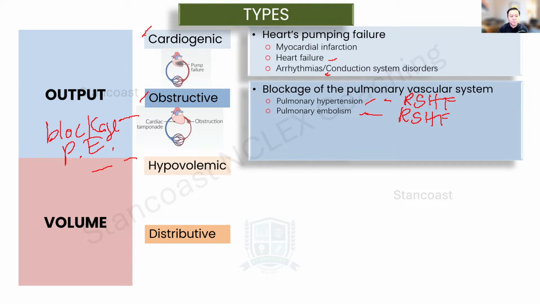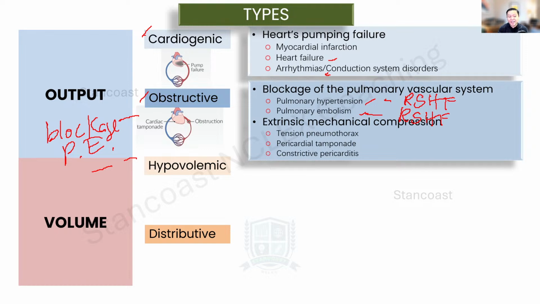Now, another thing that we need to know about the other examples, there could be caused by the narrowing of the artery, or let's say it could be caused by an intrinsic mechanical compression, maybe caused by the tension pneumothorax. Let me erase this section right here.